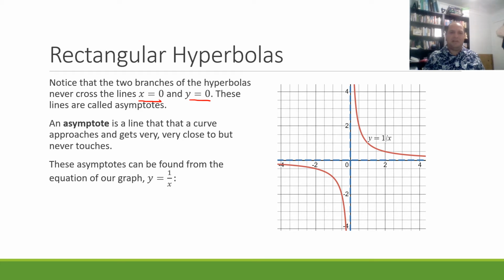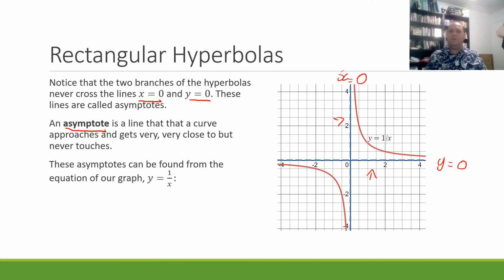An asymptote is a line that a curve approaches and gets very, very close to, but never touches. That's like these blue dashed lines along our y-axis at x equals 0, and along our x-axis at y equals 0.